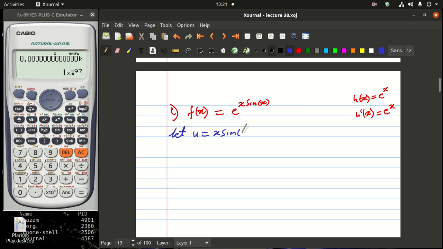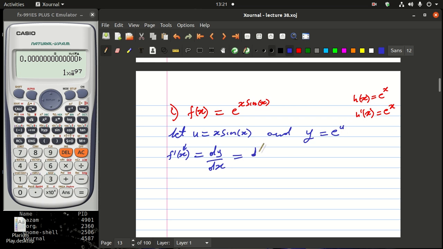So I have my u equal to sine of x, and then my y is going to be, I'm going to replace that whole thing by a u. So I will end up having e raised to u. And then f prime of x is supposed to be the same as dy dx because the independent variable here is x, so I'm going to end up having that. But my y is not in terms of x, it is in terms of u.